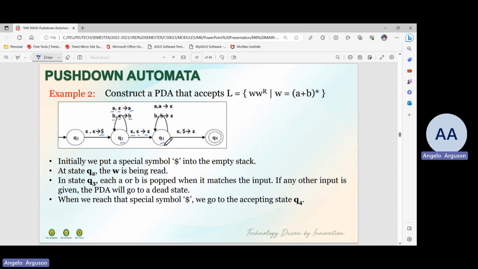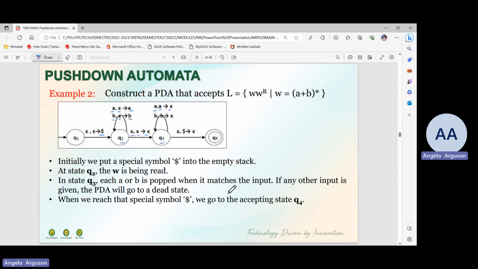Next, moving on, we have Q3. Each A or B is popped when it matches the input. If we have an input of A and our stack has a top of A, then we're not pushing anything, because it's just a repetition.